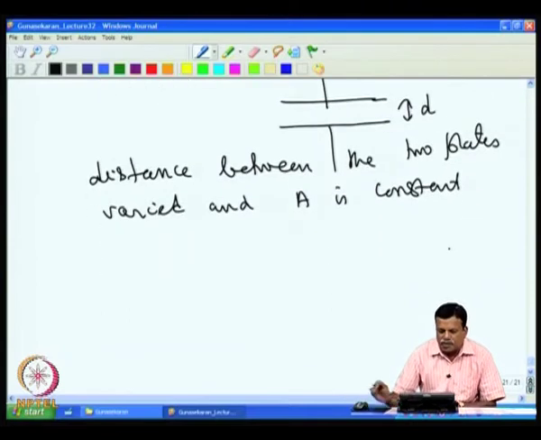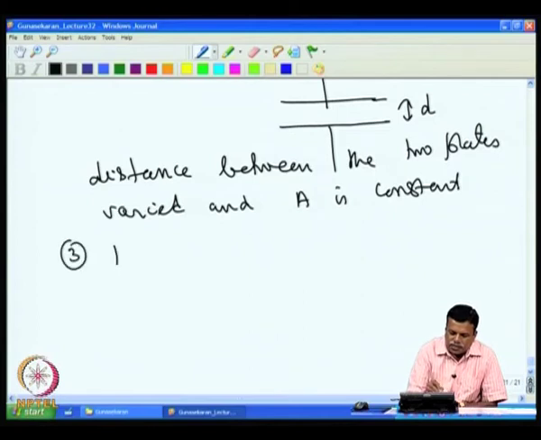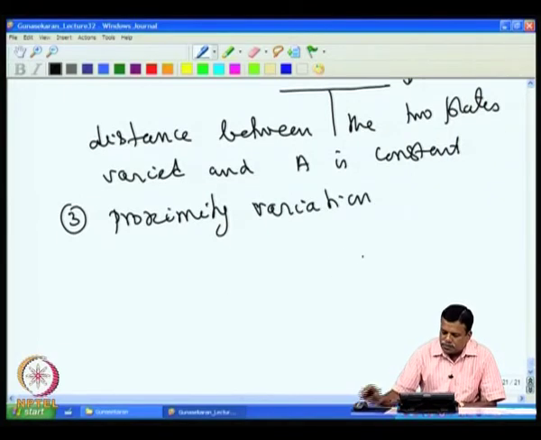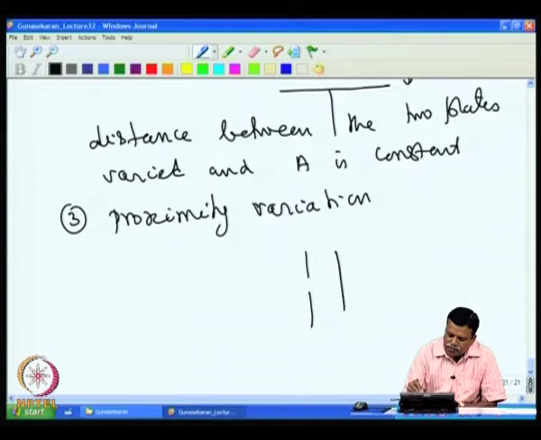There is another possible method, that is proximity variation. You can also use this technique. In this case, what is normally done is that you have two plates, and then a third plate, a grounded plate. I have one plate, another plate, and you have a capacitance between these two, that is C. Then you have a capacitance between this and the ground plate, Cg.